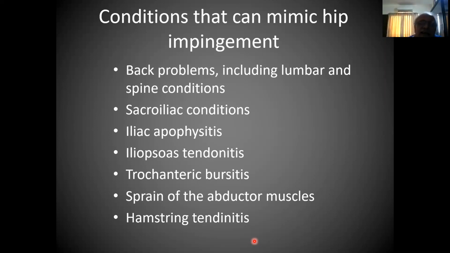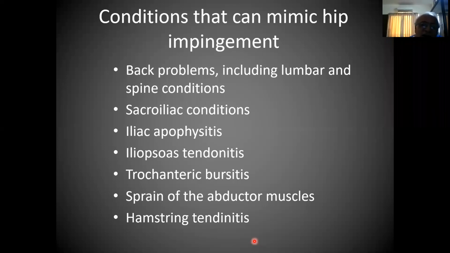These signs are not necessarily related to the pain. That's why we have to take it with a pinch of salt. So other causes have to be excluded: back pain, lumbar problem, sacroiliac condition, iliac apophysitis, iliopsoas tendinitis, trochanteric bursitis, all sorts of things.